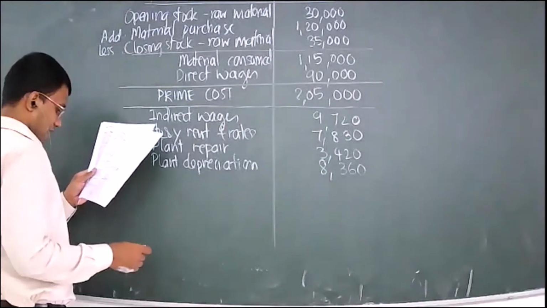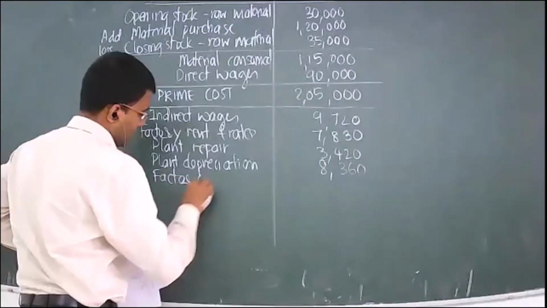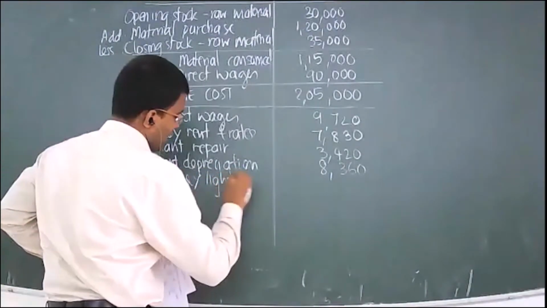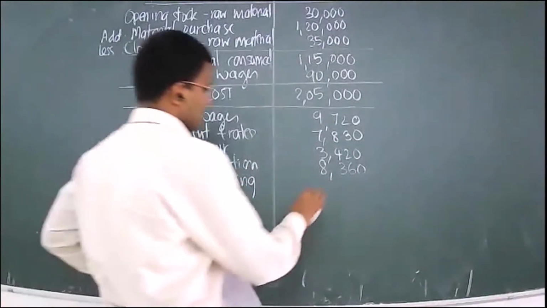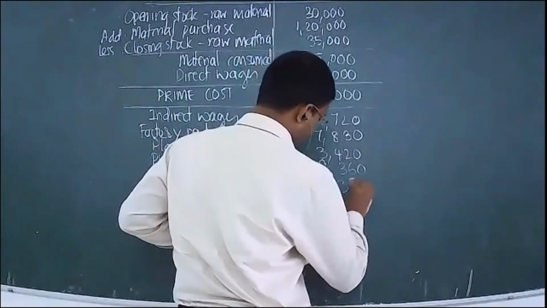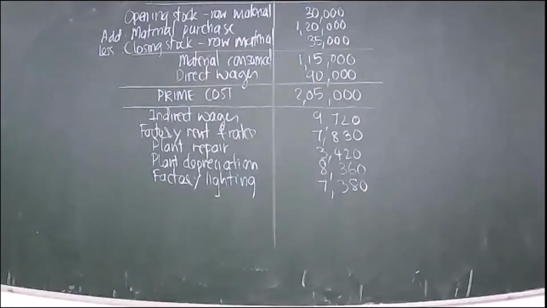Then we have factory lighting. Factory lighting works out to be 7,380. So that leaves us with all the factory overheads that were given to us in this question.